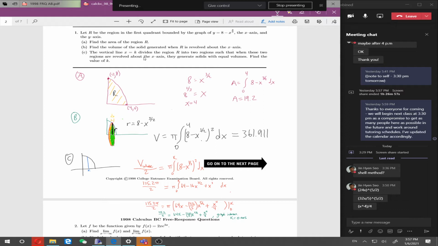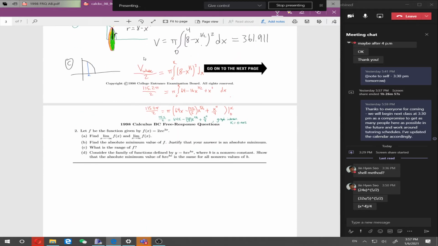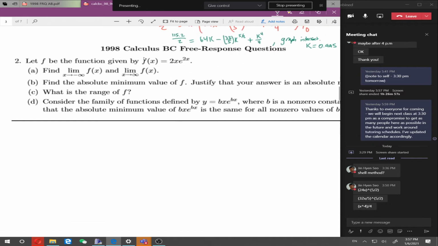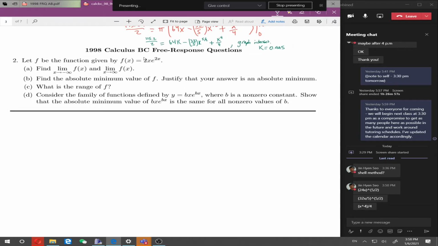Okay, I'm going to check really quick and see if the number 2 is also on the AB test or if there's something similar. Number 2 is on both. Okay, so we'll do this one together too. So for number 2, I want to find the limit as x approaches negative infinity and the limit as x approaches positive infinity of this function.